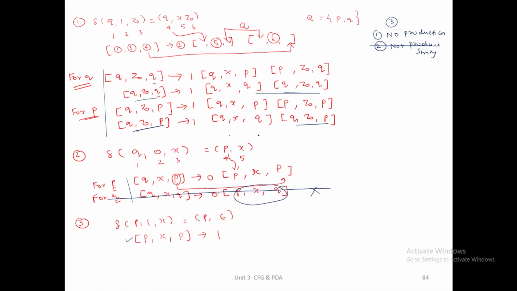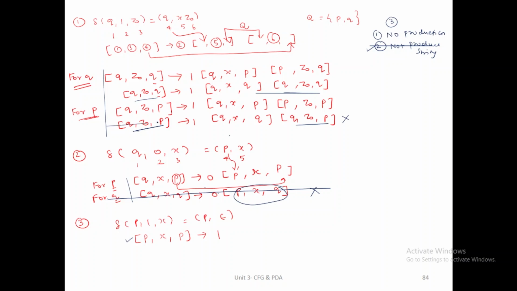So this is the right side of production. This is the left side non-terminal. Instead of this, we write this one. So here also the same non-terminal is available. So in no way can it produce an input string. So QZ0P will be treated as a useless symbol with the help of the type 2 notation.